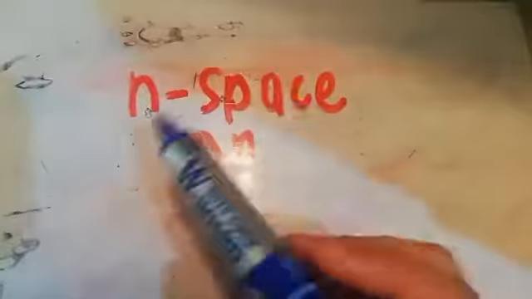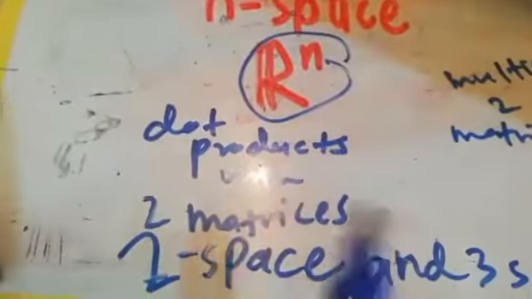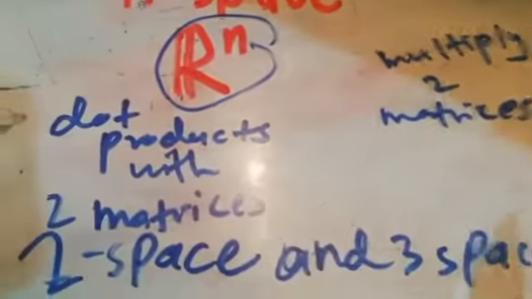Lastly is n-space. For the dot product in n-space, the vectors you can use are for 2-space and 3-space only, maybe 2 times 2 and 3 times 3.